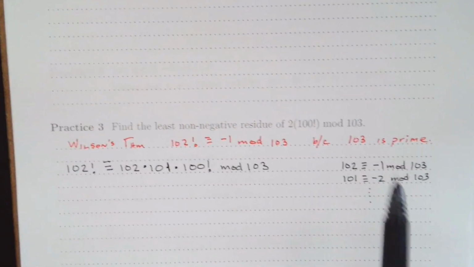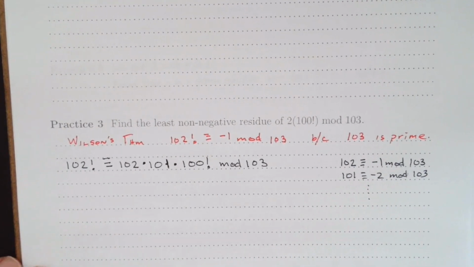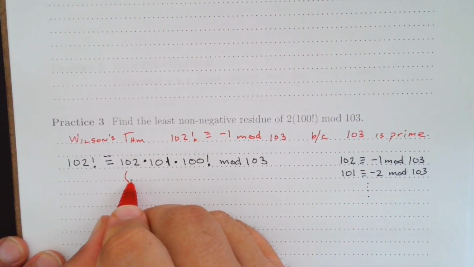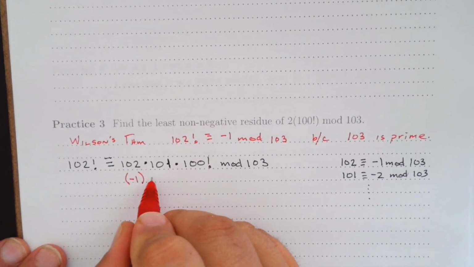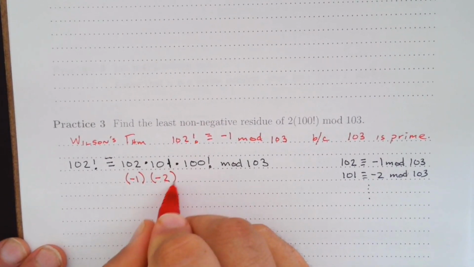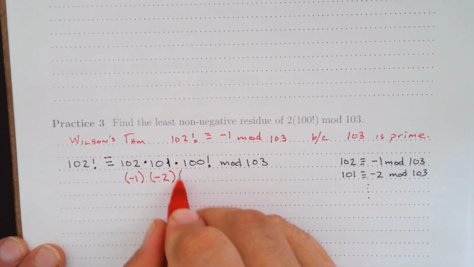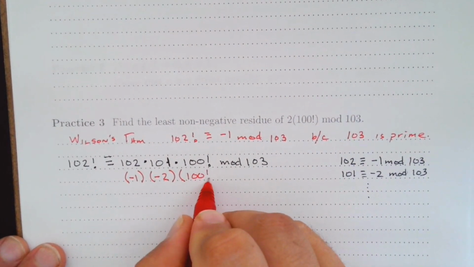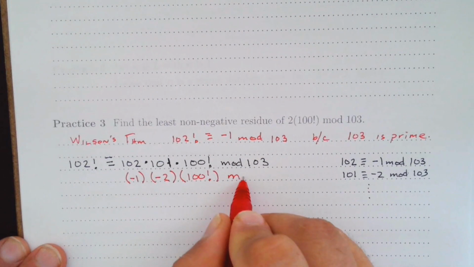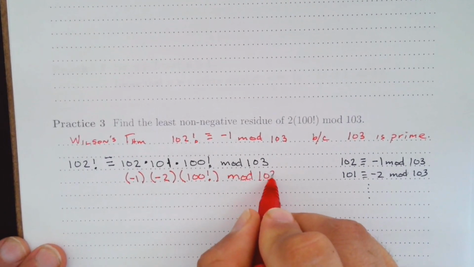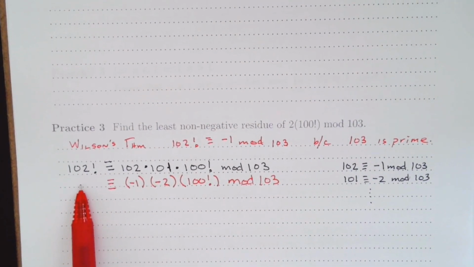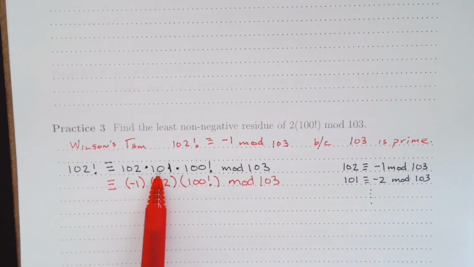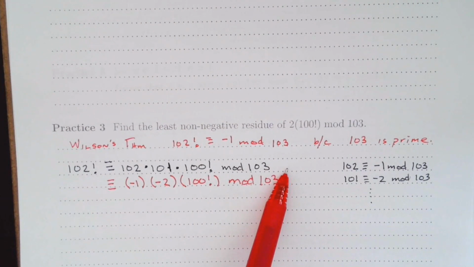Well, what does that mean for us? What that means for us is that this 102 I could replace with the negative 1. This 101 I could replace with the negative 2. And then I still have this 100 factorial mod 103. Right? That 102 factorial is 102 times 101 times 100 factorial mod 103.